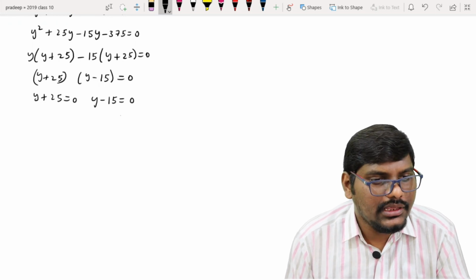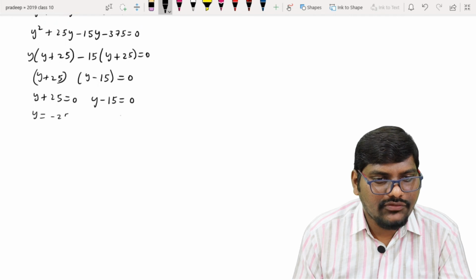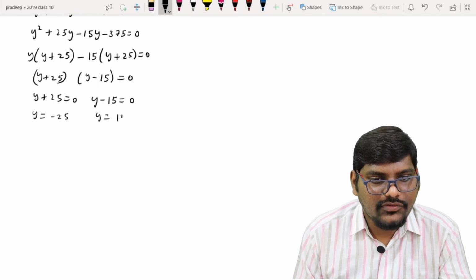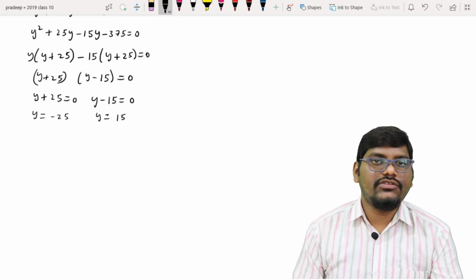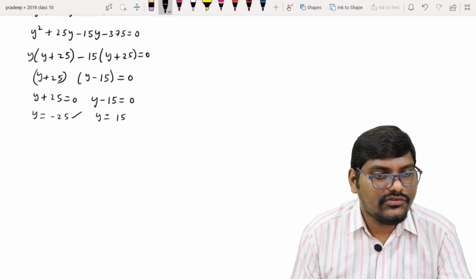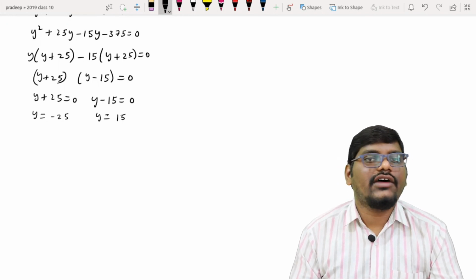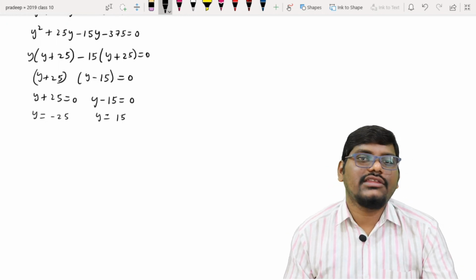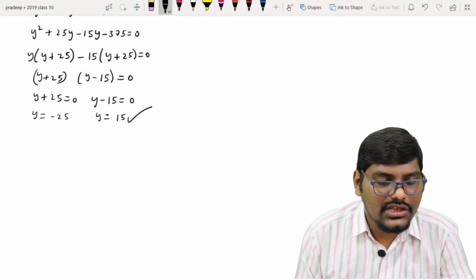So if I send this to the other side, this is y equal to minus 25 and this is y equal to 15. So here if we observe, y equal to 15 is the value which we got, y equal to minus 25, the length cannot be negative. So as we are taking the side of the square, the length cannot be negative, so we'll be taking y equal to 15 as our value.